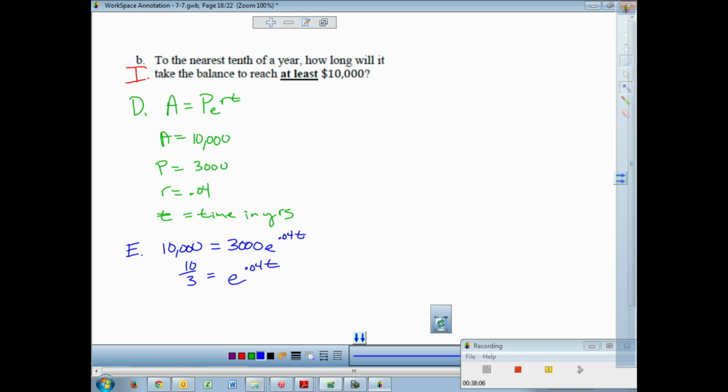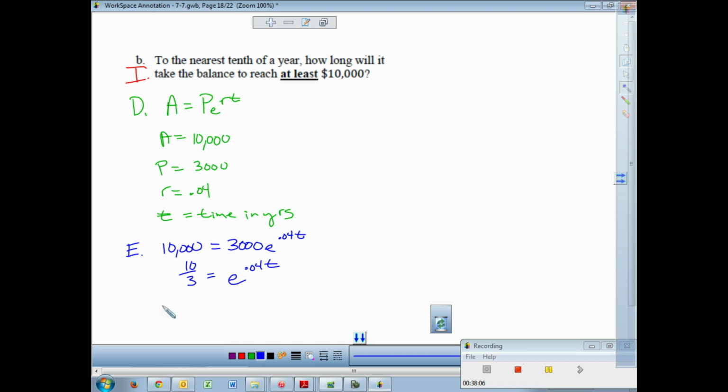E to the whatever is all by itself, correct? The variable is in the exponent. It's time to either log both sides or realize that our base is one of those nice numbers like 10 or e. Isn't e the base of this exponential situation? So you can just rewrite it with natural logarithms. Rewrite this equation with natural logs.